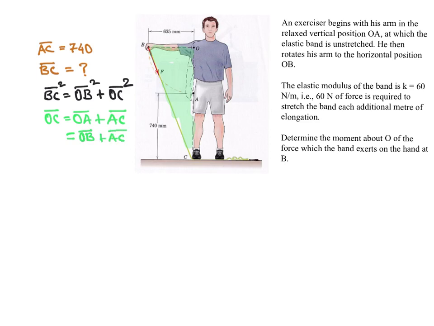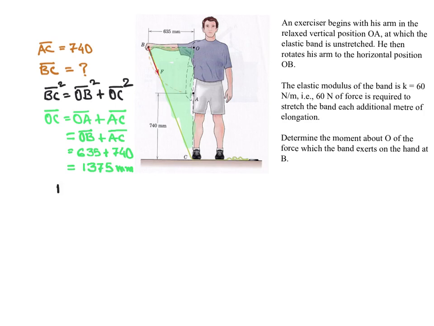So OB plus AC. Now how much is OB? It is 635 millimeter, plus AC is given as 740 millimeter. So OC would be 1375 millimeter.